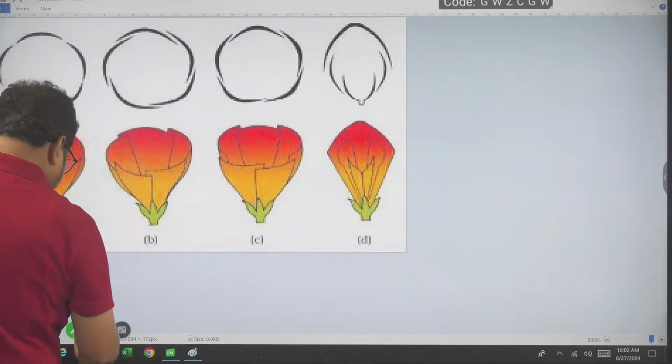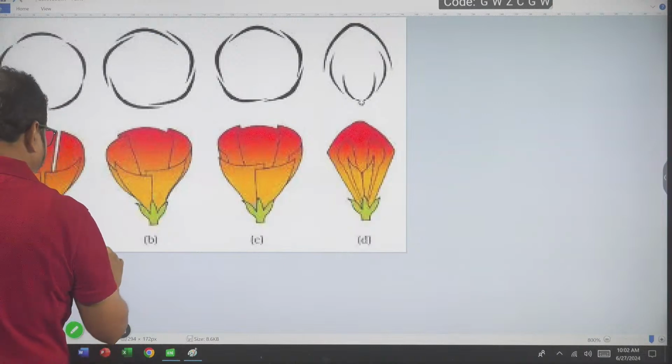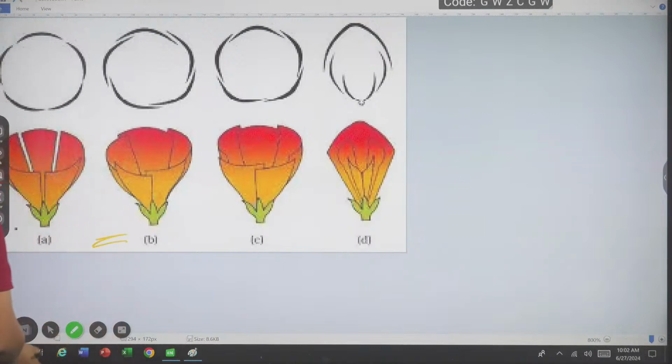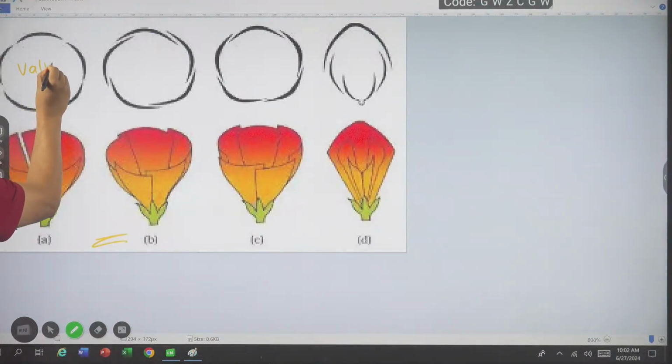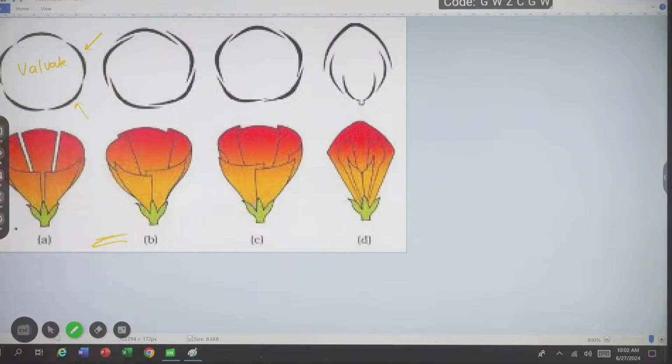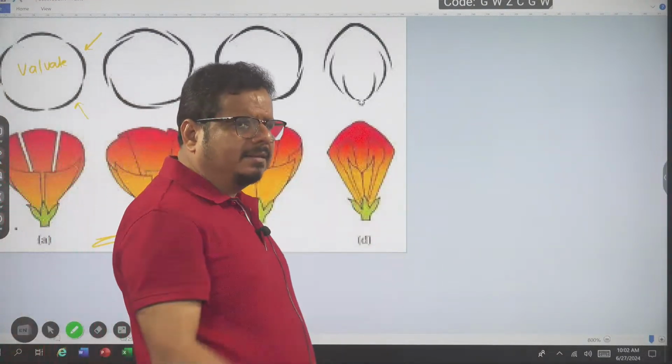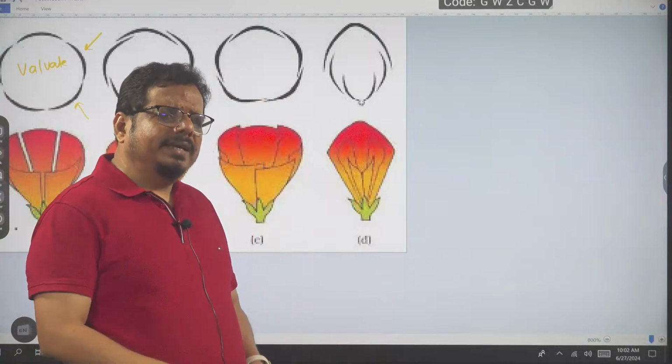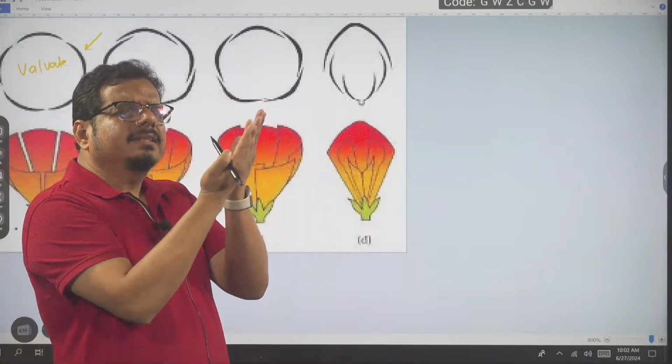What we are finding in the valvate, each petal or sepal is free. They are not overlapping the other. Either it is free or it is touching the other.